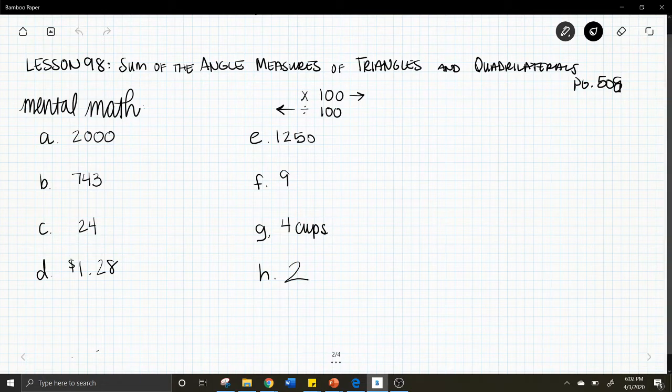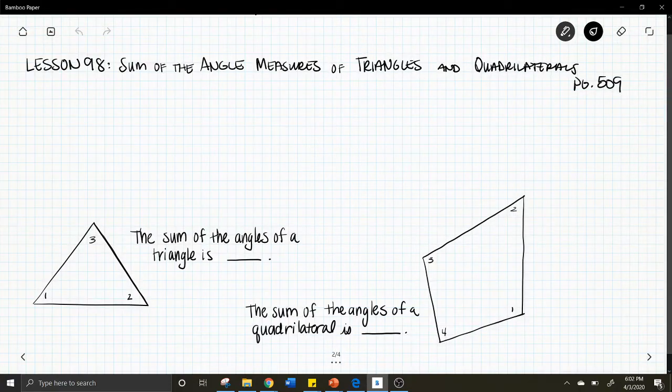So like I said, we're learning about the sum of the angle measures of triangles and quadrilaterals. So what I'm going to do is just tell you the sum of the angles that you'll find in these shapes. And then I'll explain why. So the sum of the angles of a triangle, no matter what type of triangle it is, the interior angles will always equal 180 degrees.